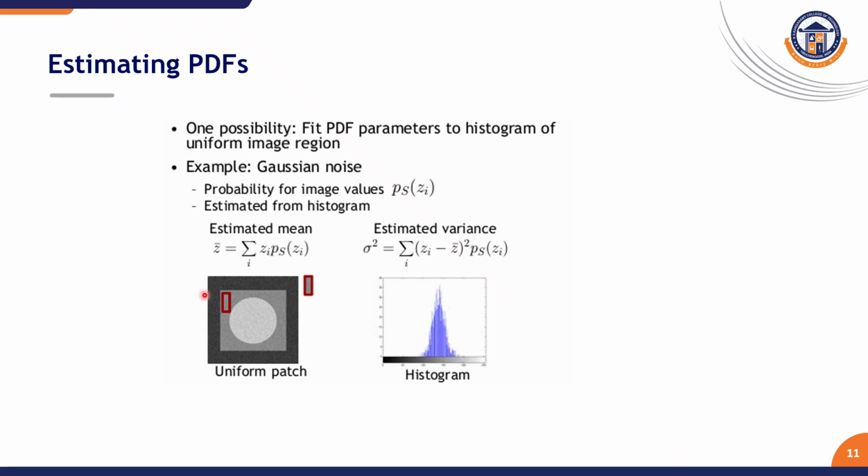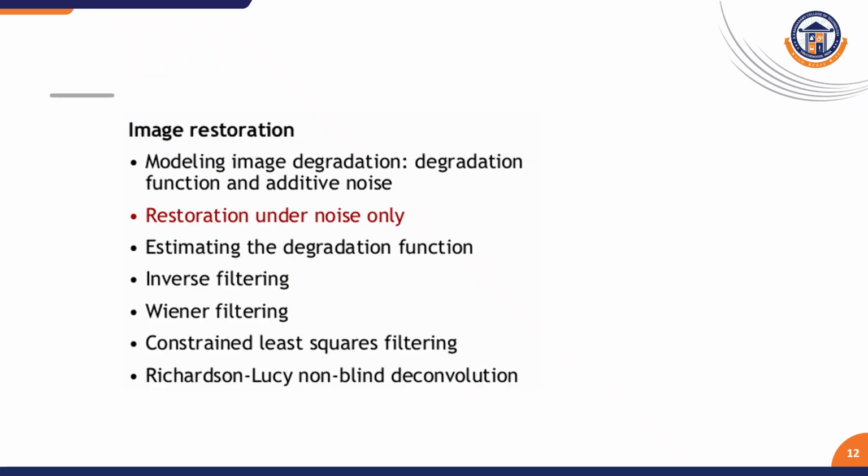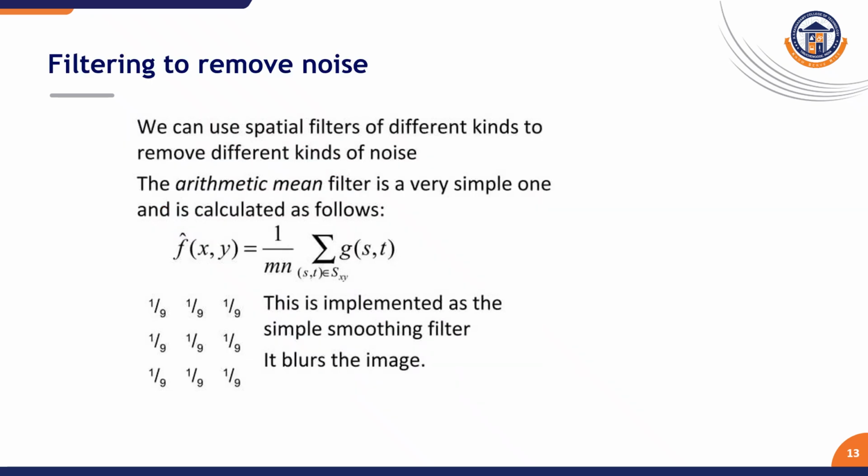The uniform patch of the image is given here, and the histogram for the uniform patch is shown. Then the image restoration processes: modeling of image degradation and restoration, restoration under noise only, estimating the degradation function, inverse filtering, Wiener filtering, constrained least squares filtering, and Richardson-Lucy non-blind deconvolution. These are some of the available image restoration processes.